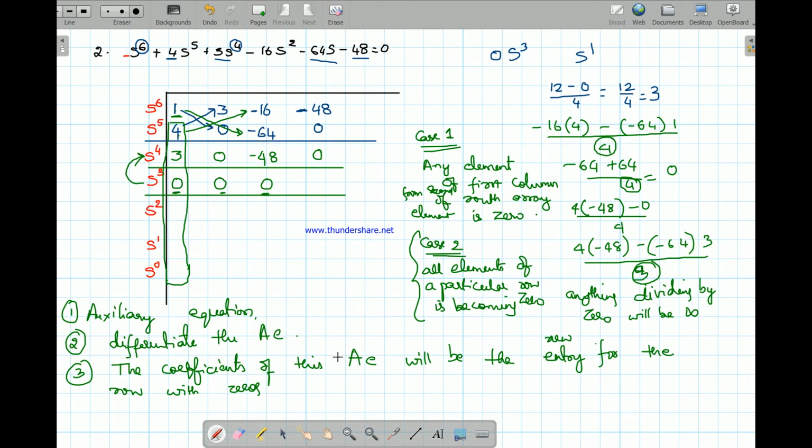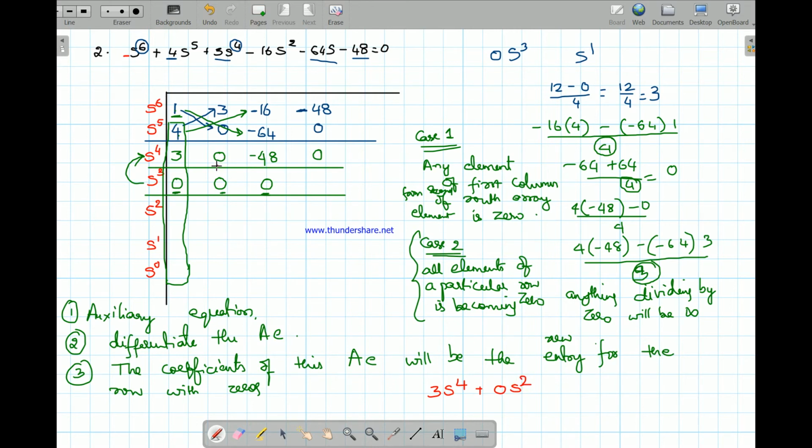Now what would be the auxiliary equation here? The row where you get all zeros, the row previous to that row is the auxiliary equation row that we consider. So here 3 into s to the power of 4 is what we can see. The auxiliary equation would be 3 into s to the power of 4 plus 0 into s square, because you have 0 here.